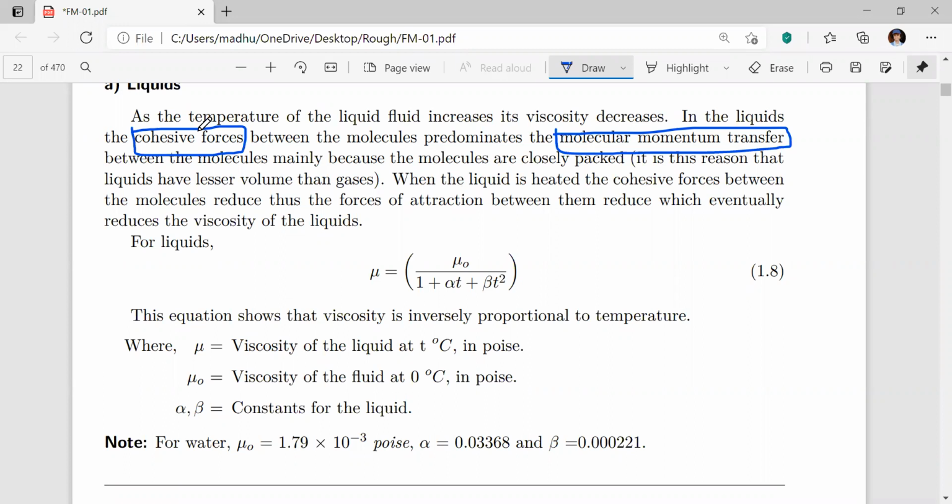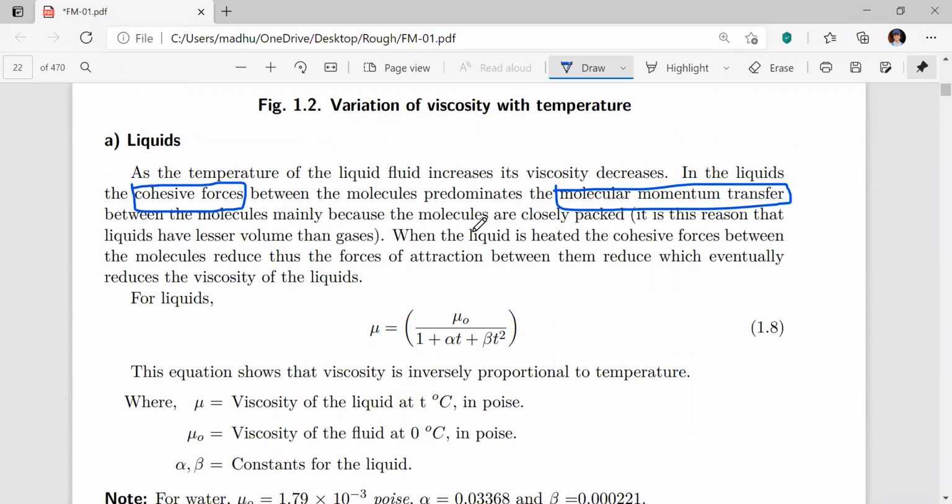Here, after heating liquids, what happens? You see that cohesive forces between molecules reduce. So this cohesive force will be down, and molecular momentum transfer increases. So the bond between two molecules reduces, and molecules become free, and molecular momentum transfer increases.